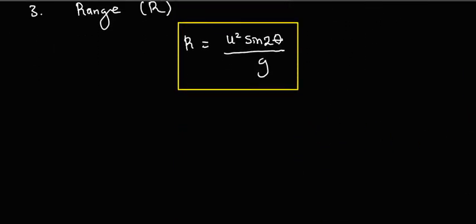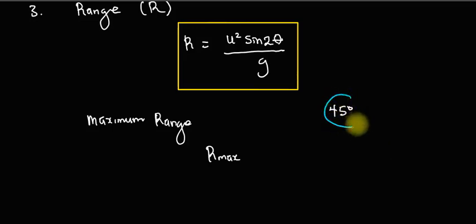All right, one more formula, maximum range. Now, an object can only reach its maximum horizontal distance if it is launched at an angle of 45 degrees. Please take notes. And it's actually proven.